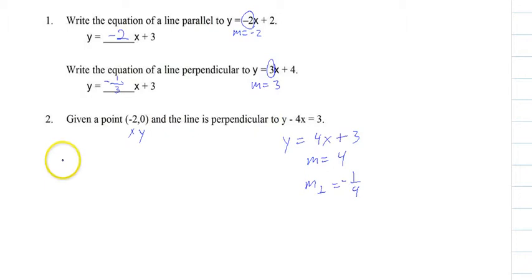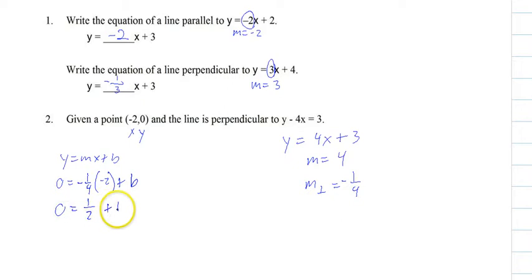Okay, so if we're going to find it with y equals mx plus b, we take the point, take the slope, plug it in, simplify, subtract it over, and there's the b.